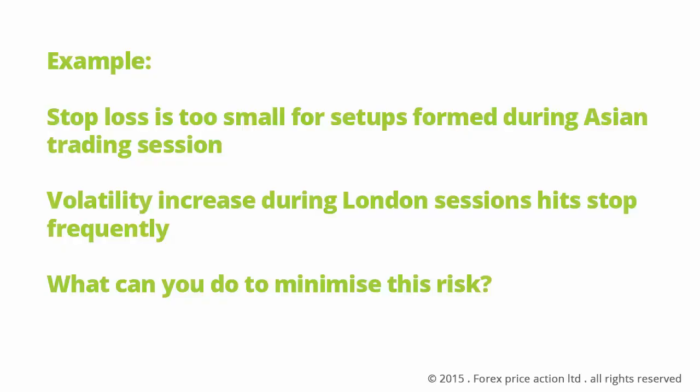In particular, you notice that signals that come up during the Asian session, where volatility is low, produce smaller stop losses, and when the European market is open, the increase in volatility would often cause price to hit your stop loss. Even though you cannot control the volatility of Euro USD, you can still manage this risk by applying the following risk management to entry signals that come up near the end of the Asian session.